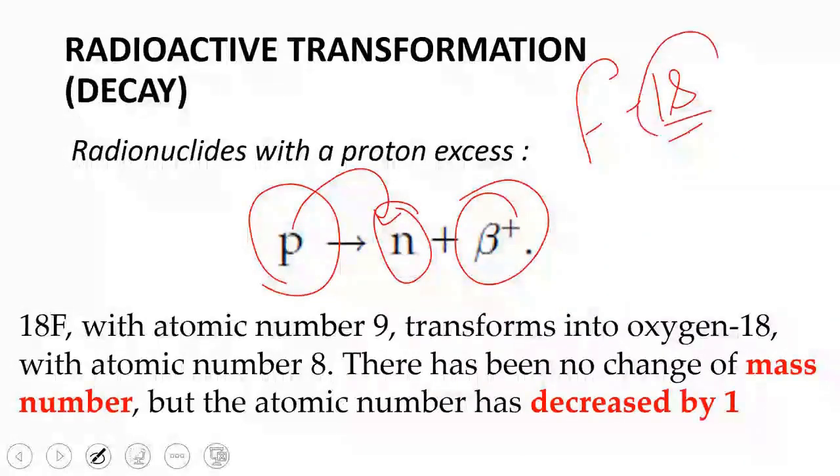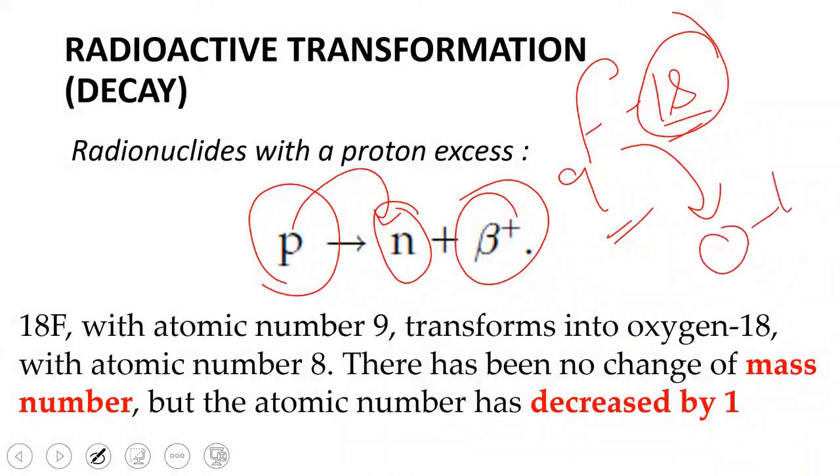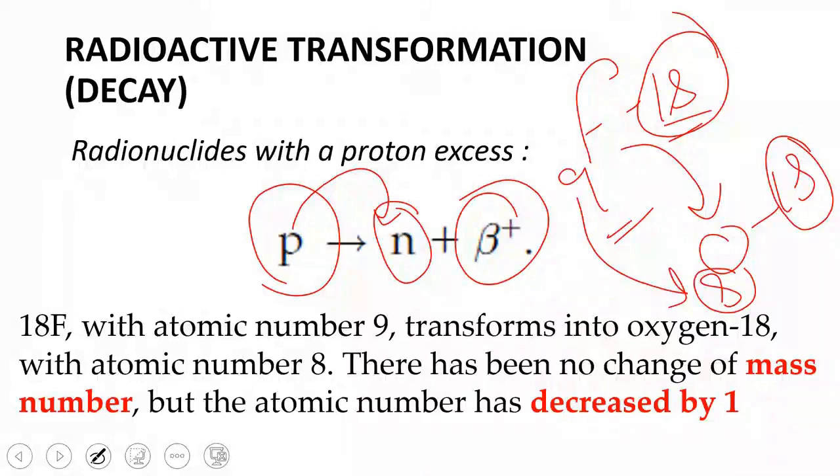For example, in the case of fluorine-18, the mass number is 18 and the atomic number is 9, which transforms into oxygen, meaning it becomes a different element with a mass number of 18 and an atomic number that has decreased by 1. There is no change in the mass number. So, the same idea applies. A proton turns into a neutron, and the increase in neutrons compensates for the decrease in protons, so the mass number remains the same.